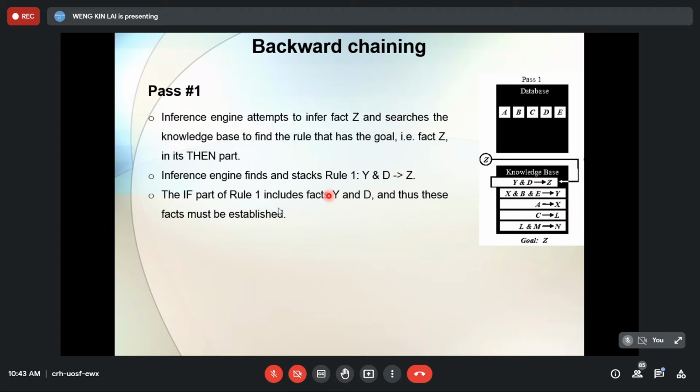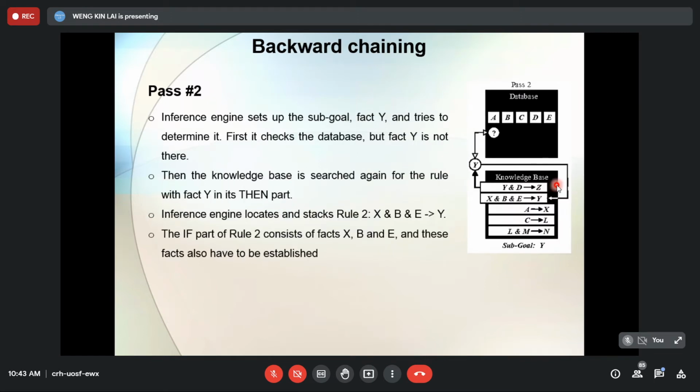Now I will look for Y and D. These facts must also be established. Because of rule number one, which has Z as the output, this rule will be stacked, but then I look for Y and D. So Y and D must be true first. After I found Z, I must prove that Y and D exist in order to support my rule number one.